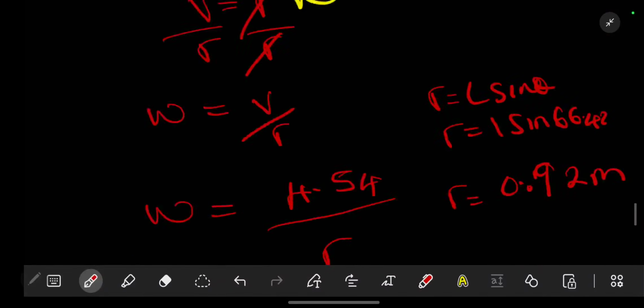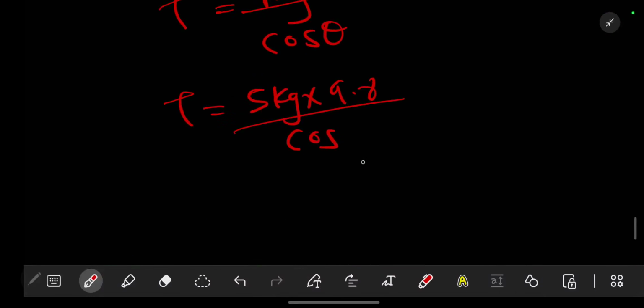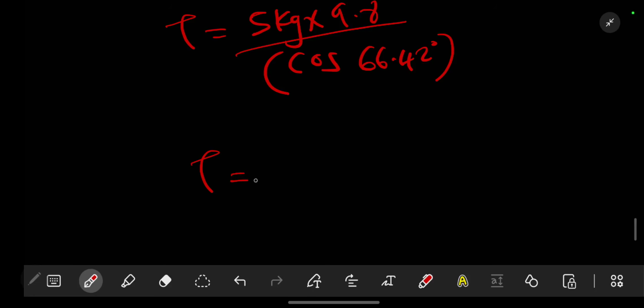Oh, we found the angle. It was 66.42. So we say 66.42. So just put these in brackets while you press on your calculator.